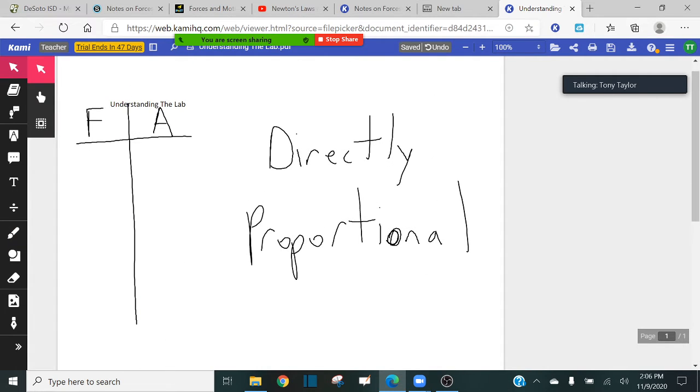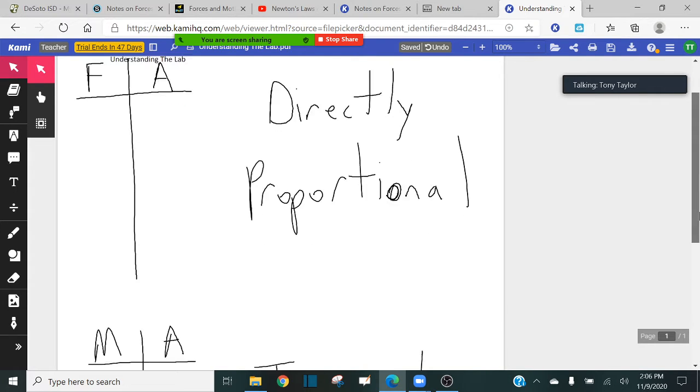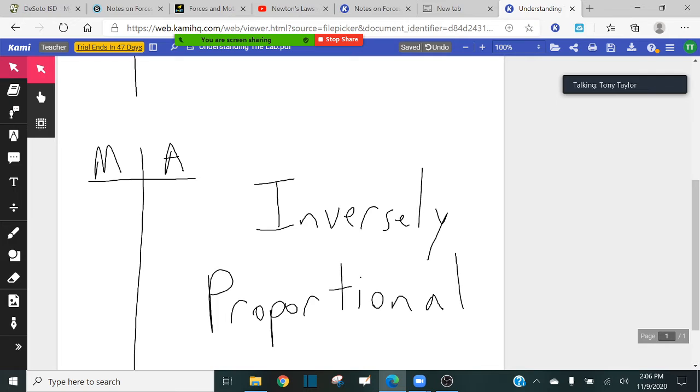Whenever one goes up and the other also goes up, that's a direct proportionality. Whenever one variable goes up and the other goes down, that is an inverse proportionality. So mass is inversely proportional to acceleration, meaning as mass increases, acceleration decreases.